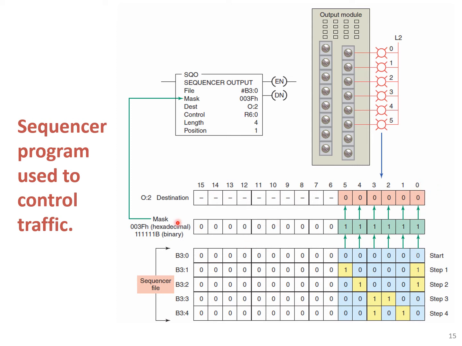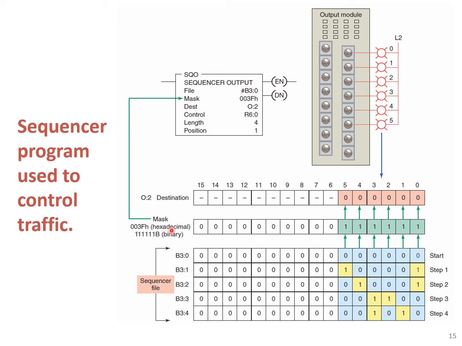So this is the mask, and usually we show the mask in hexadecimal format instead of binary format. Binary format is easy to understand. You have 1, 1, 1, 1, 1. So you see, B means binary, H means hexadecimal. H is not part of the number.